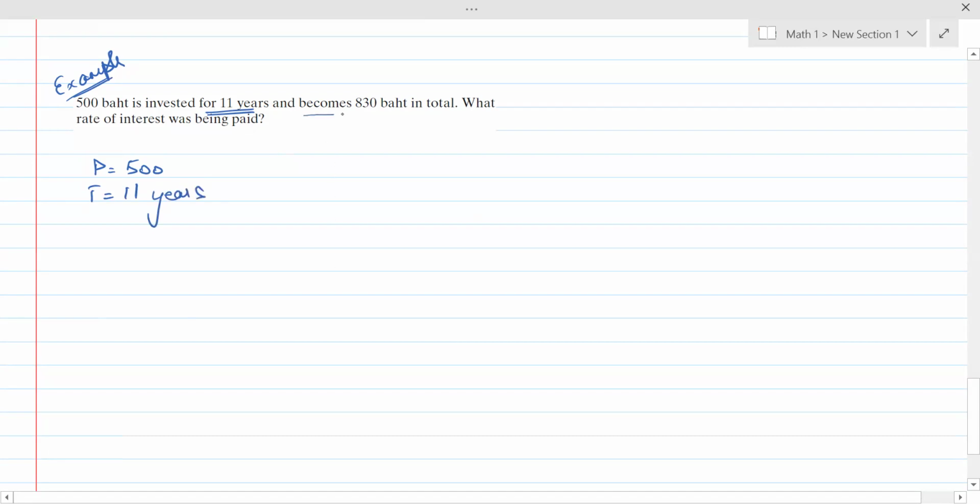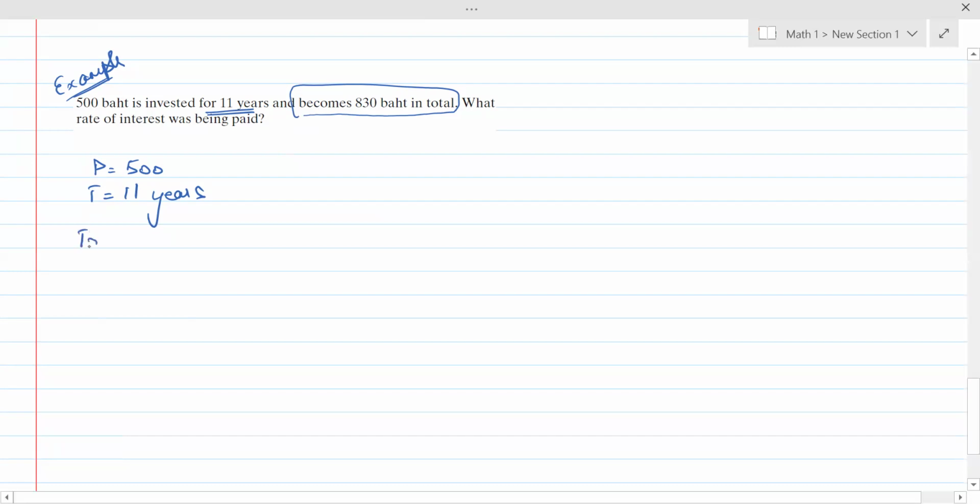Becomes 830 in total. We have to be very careful about this statement. Becomes 830 baht in total. So in total, it's giving us an indication that 830 baht is the total amount for us.